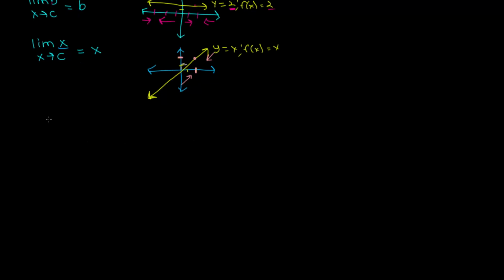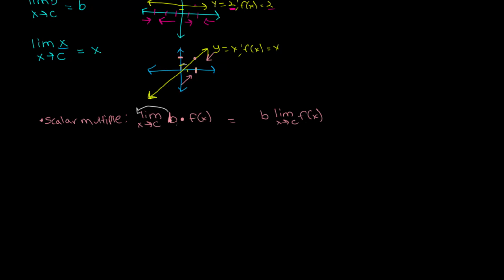The first one we're going to study is the scalar multiple property. What the scalar multiple property says is that if we have the limit as x approaches c of b times a function, we can basically split that and move this b over to the front, so we have b times the limit of f of x.